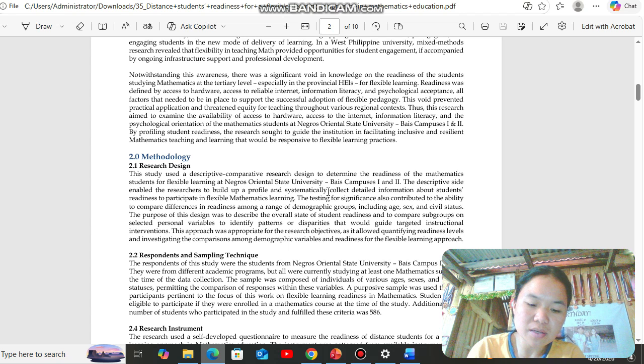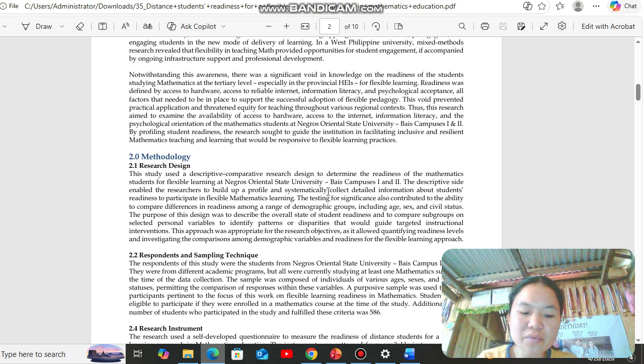Data were collected through online and printed questionnaires, then organized and analyzed using descriptive statistics, which involve frequency, percentage, weighted mean, and standard deviation, and inferential statistics, which involve the Kruskal-Wallis test and Mann-Whitney test. A 0.05 level of significance was used to determine differences among groups.